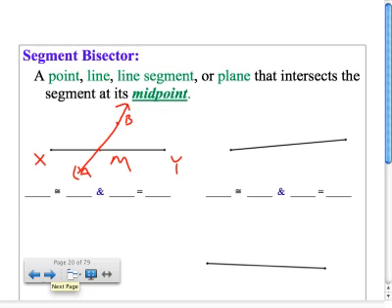That means M's the midpoint, and so segment XM is congruent to segment YM, and the measure of XM is equal to the measure of YM.